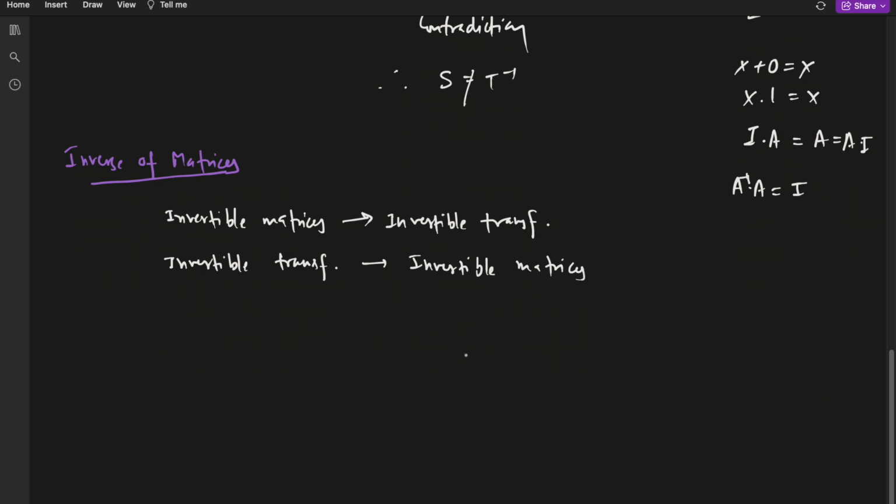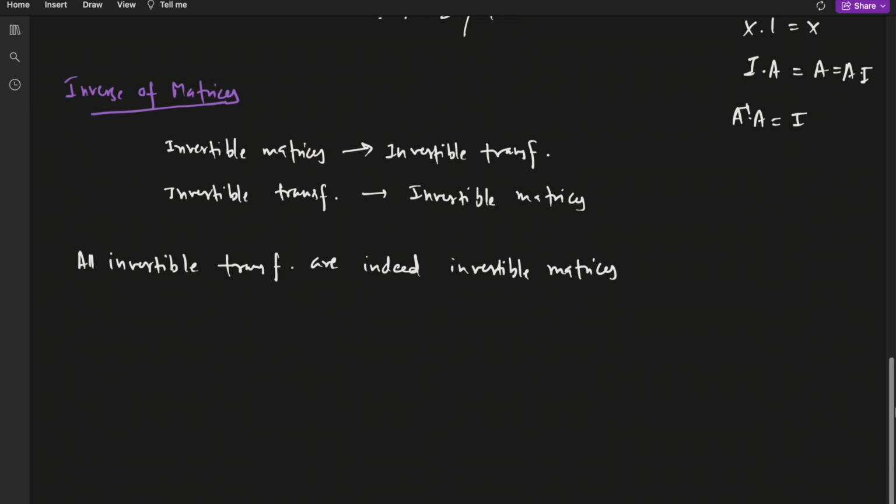All right. So you can simply say that all invertible transformations are indeed invertible matrices. Why? Because all transformations are matrices, so all invertible transformations are also invertible matrices.